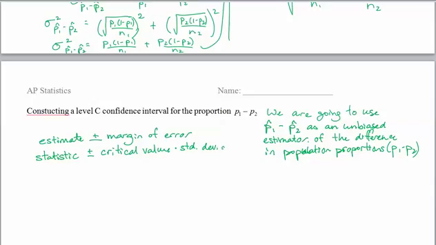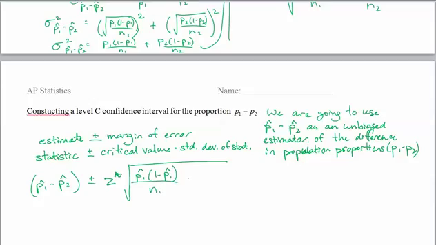Okay, so when we plug this in, our statistic is P1 hat minus P2 hat plus or minus our critical value times, in this case, the standard error: the square root of P1 hat times 1 minus P1 hat over N1 plus P2 hat times 1 minus P2 hat over N2.